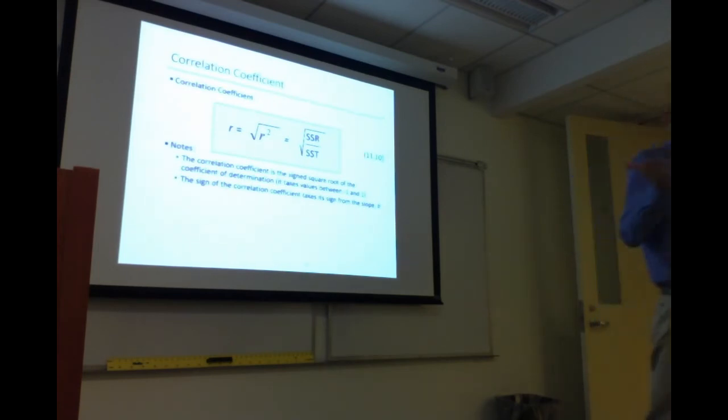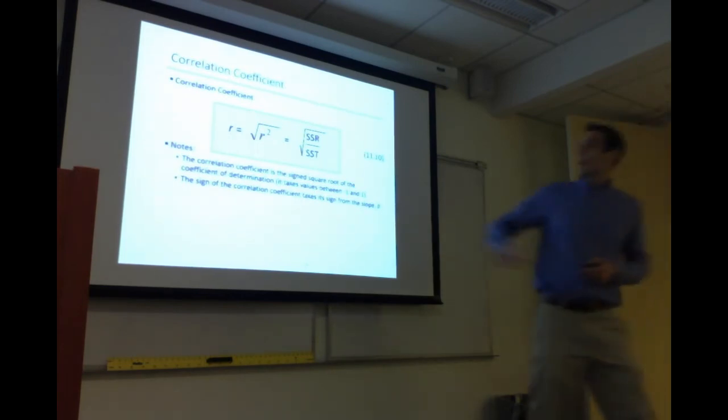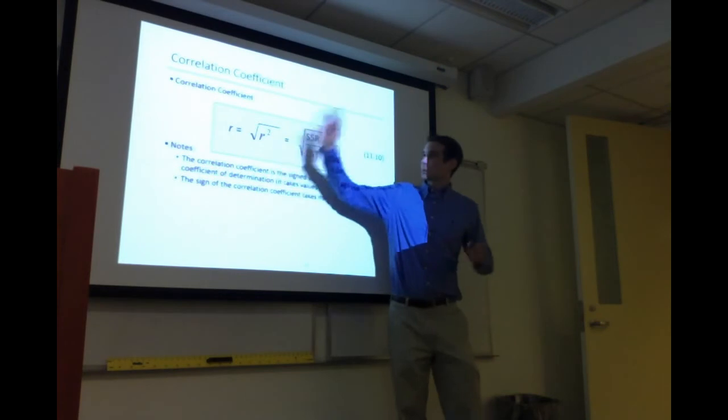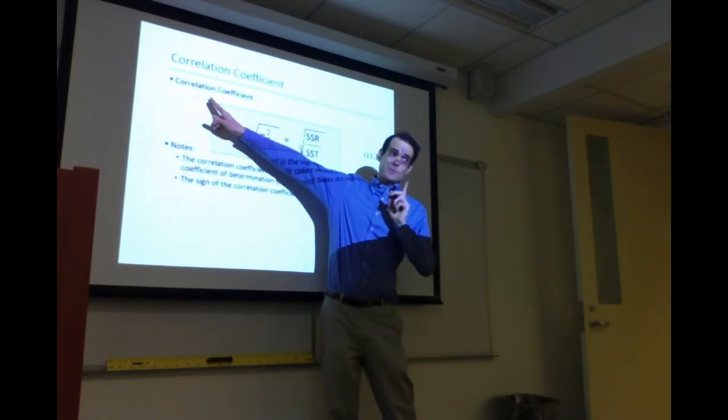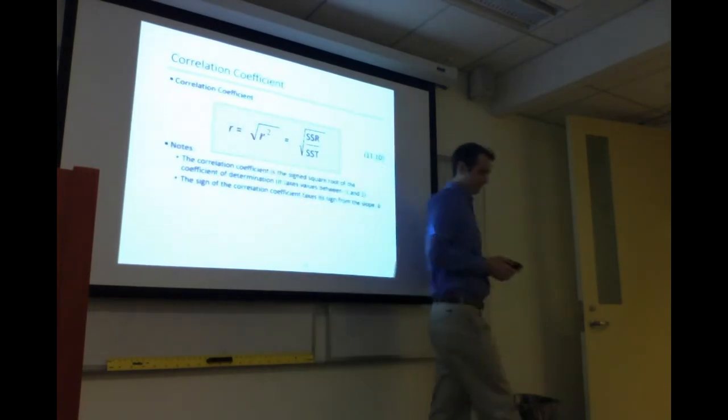It could be a negative relationship. People who spend more time online, maybe that just means they're playing video games the whole time. So the more time people spend online, those folks might spend less money online. Could be negative. And the r, the correlation coefficient, will tell us that.